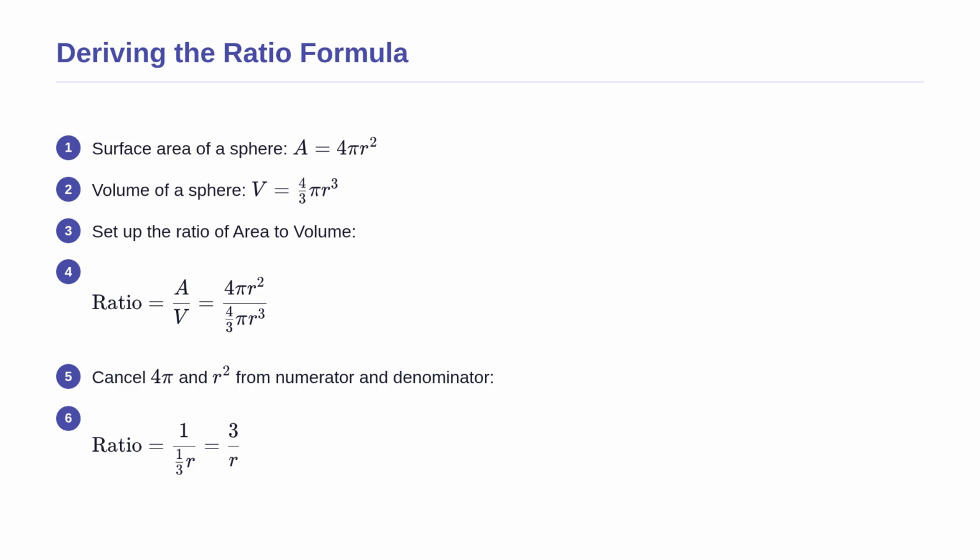To find the rate of water loss, we divide the surface area A by the volume V. When we set up this fraction, the 4 and the pi in the numerator and denominator cancel each other out. The r squared on top cancels with 2 of the r's on the bottom, leaving a single r in the denominator. The fraction 1 over 1/3 simplifies to 3. This leaves us with our final elegant result. The ratio equals 3 divided by r.